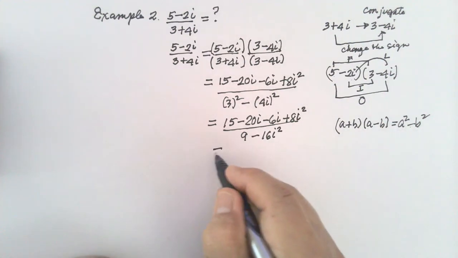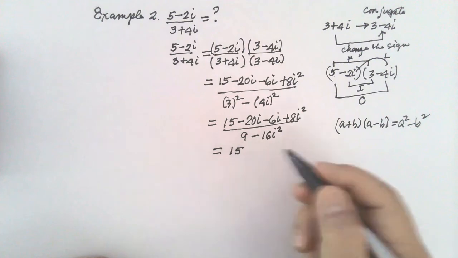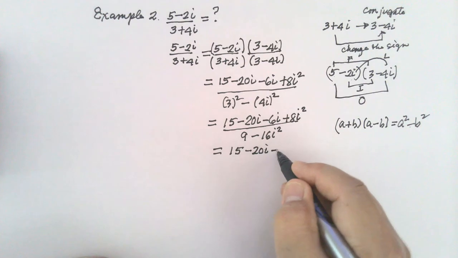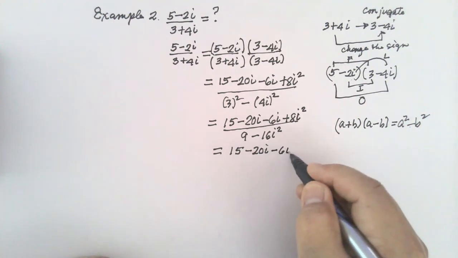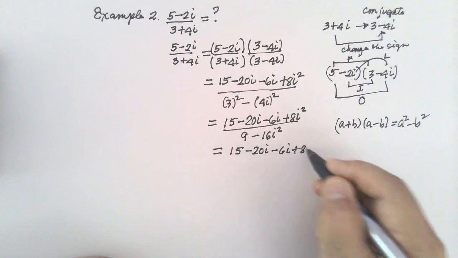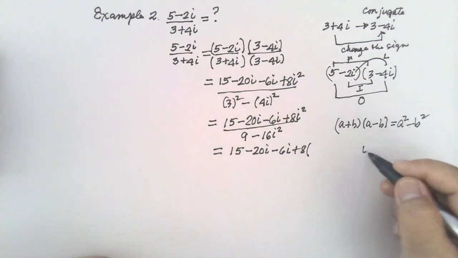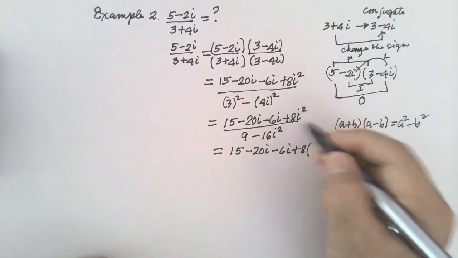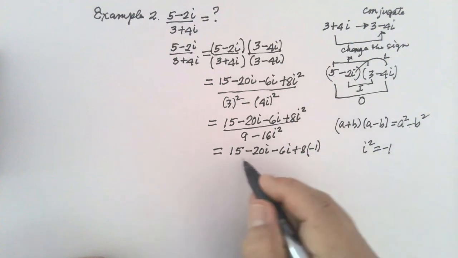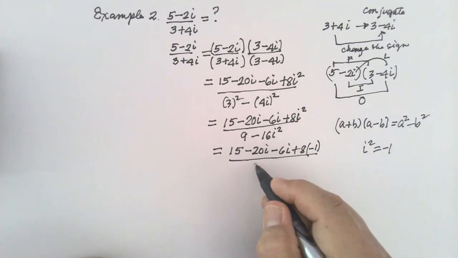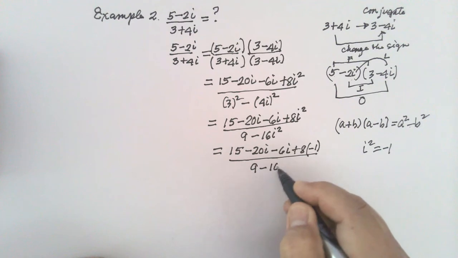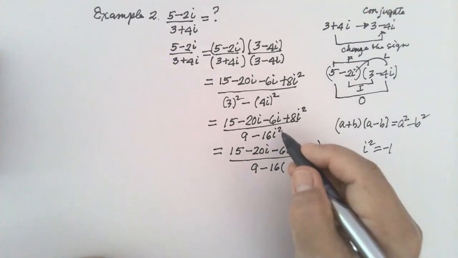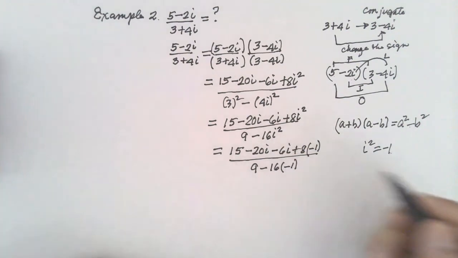So this is now equal to 15 minus 20i minus 6i plus 8 times, we know that i squared is negative 1, so replace this by negative 1, over 9 minus 16 times i squared, but i squared is negative 1, so we can replace this by negative 1.